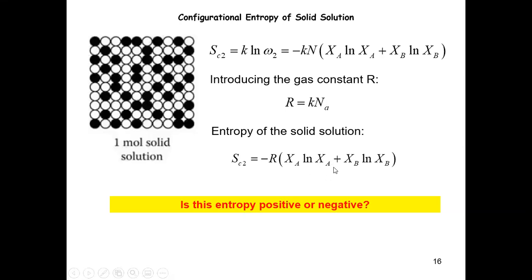If you take a number smaller than 1 in the logarithm, the whole thing is going to be negative. The same goes for this part. So within the parentheses you have a negative number, and then you have a negative sign. So altogether, this entropy is positive. Does that make sense to everyone?